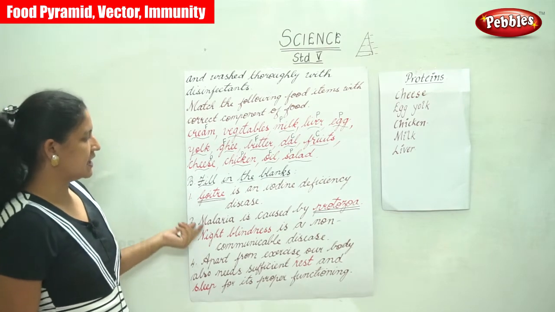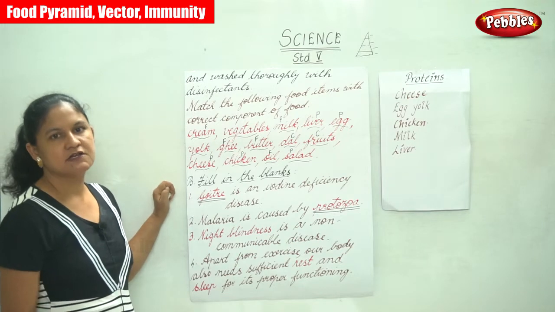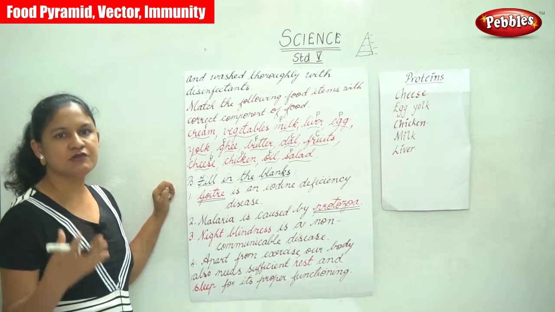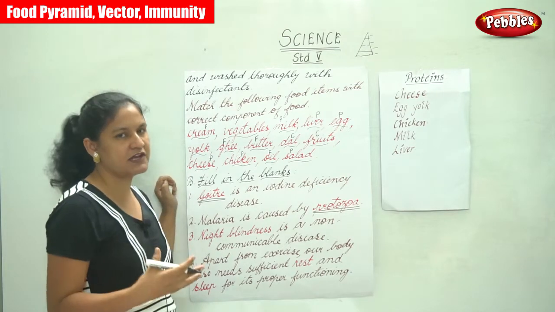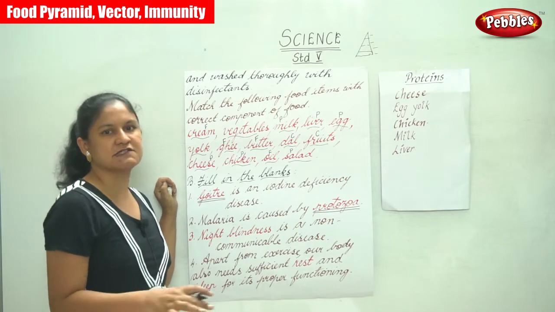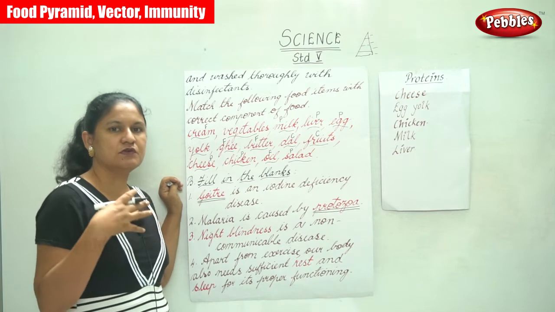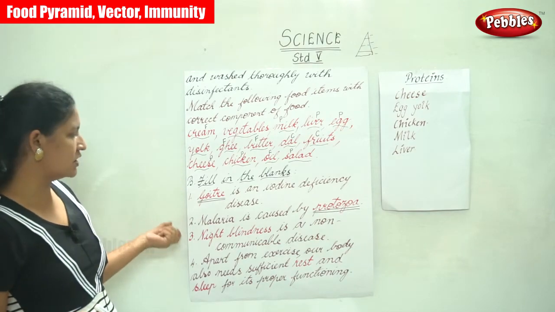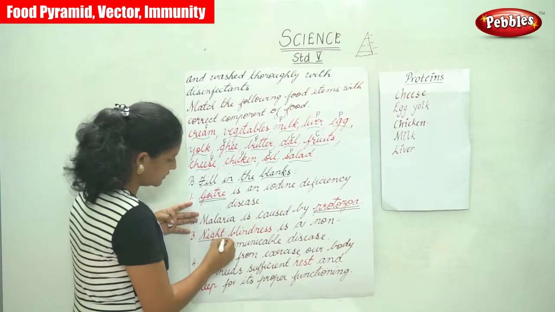The next is: dash is a non-communicable disease. We have earlier seen that communicable diseases are diseases that can spread very easily, whereas non-communicable diseases cannot spread. An example of a non-communicable disease is night blindness.